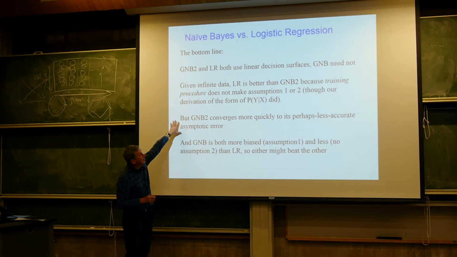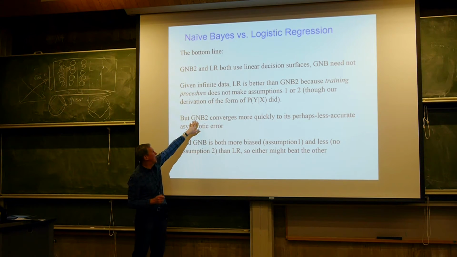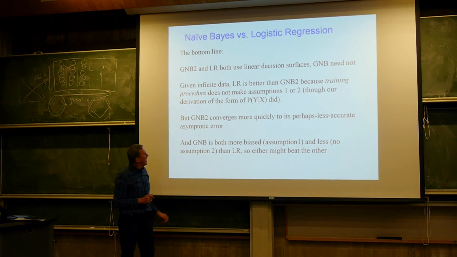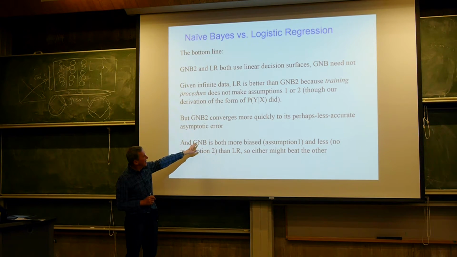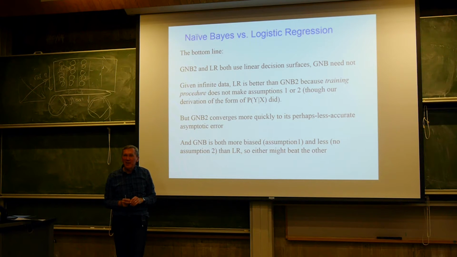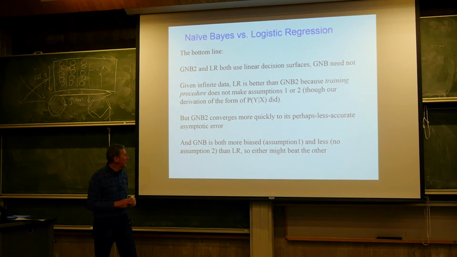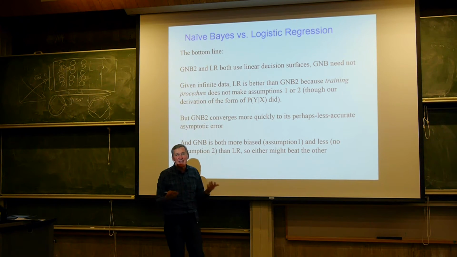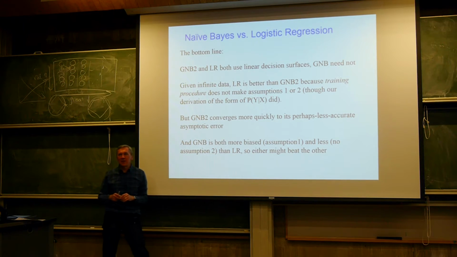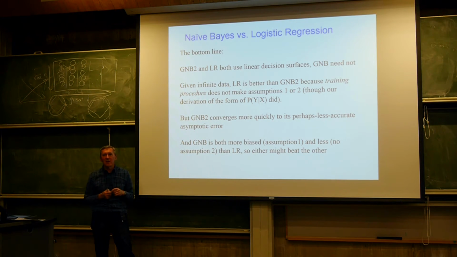But it might still converge more quickly to its perhaps less accurate asymptotic error. And same with GNB. GNB, on the other hand, is more biased in the sense that it's following that conditional independence assumption, but less biased in the sense that it doesn't require a linear decision surface. So that trade-off can go either way.